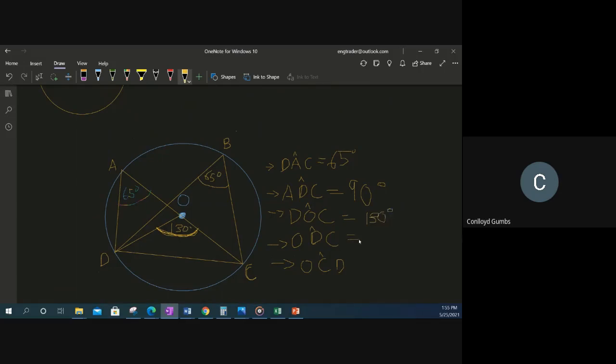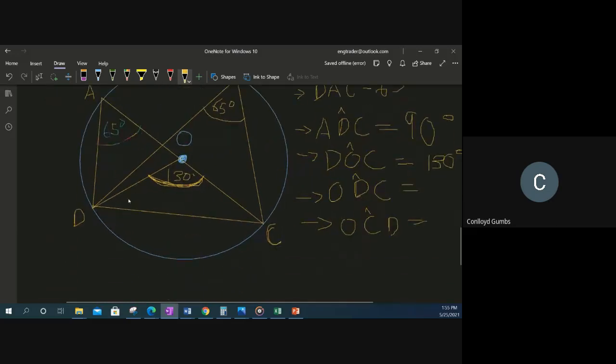Next thing, this little piece in here. What is this? We could find out ODC or OCD. I want to show you ODC first. We know that these three angles here are supposed to add up to 180.